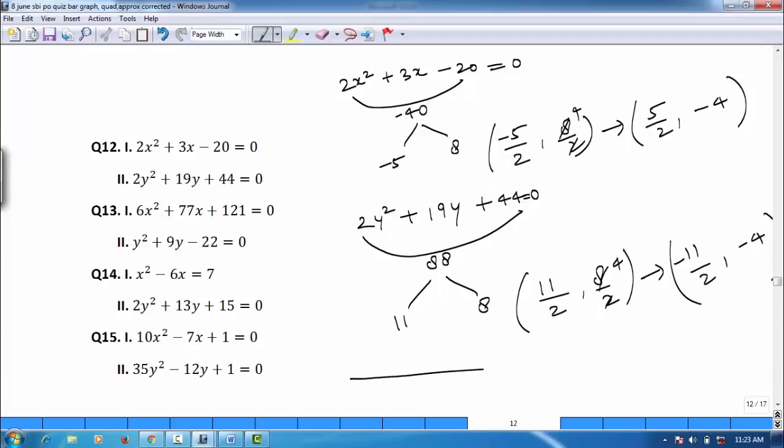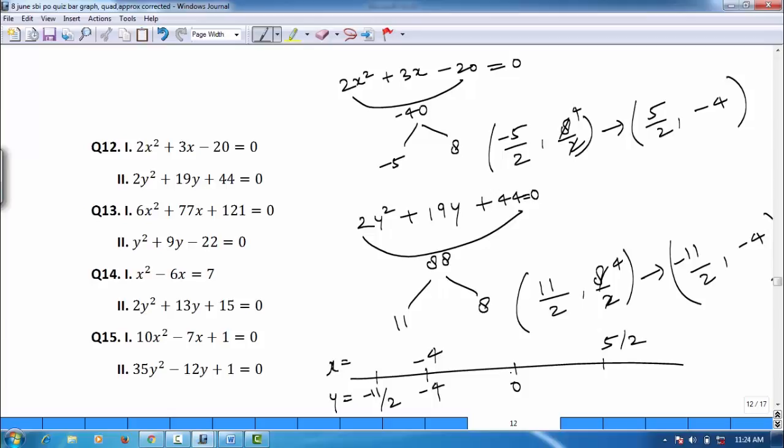Now representing the values on number line, we get x is equal to minus 4, that lies here, and 5 by 2, that lies here, and the values of y will lie, one will lie here, that is minus 4, and another will lie here, that is minus 11 by 2.